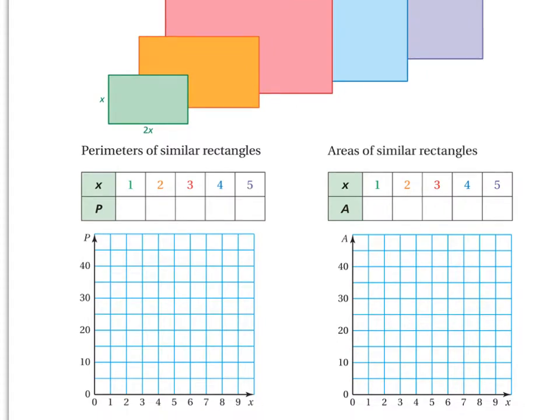All right, so the first thing I'm going to do is write a function for the perimeter of a rectangle. And like we've already looked at, we know that we can write P equals 2L plus 2W, 2 times the length plus 2 times the width, and that'll give us the perimeter. Now, here we've got the length being 2x, and we've got the width being 1x.